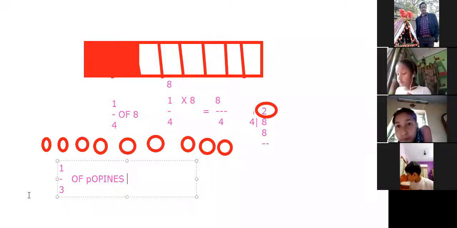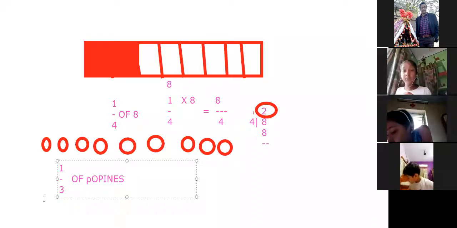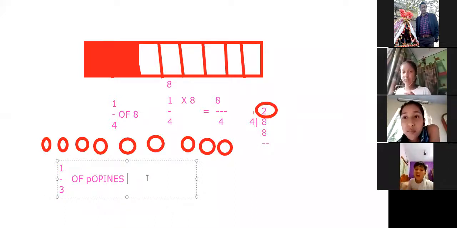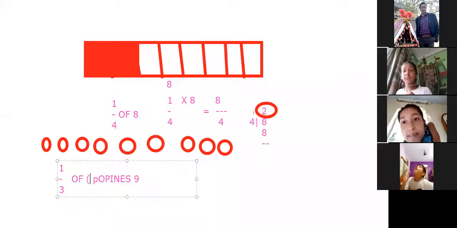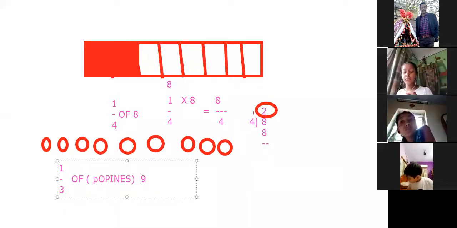So how many will I give you? 1/3 of the Poppins means there are 9 Poppins. So you can see there is 1/3 of 9. So 1/3 of 9 is how much? Who will tell me?